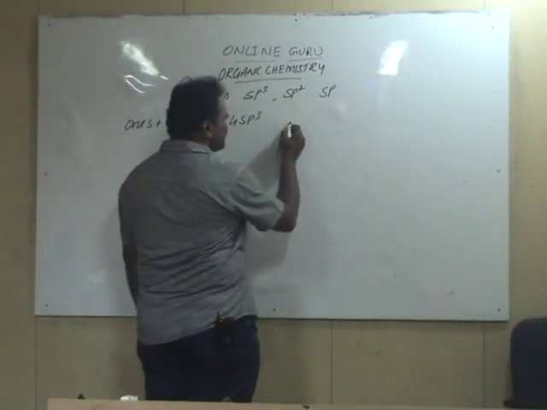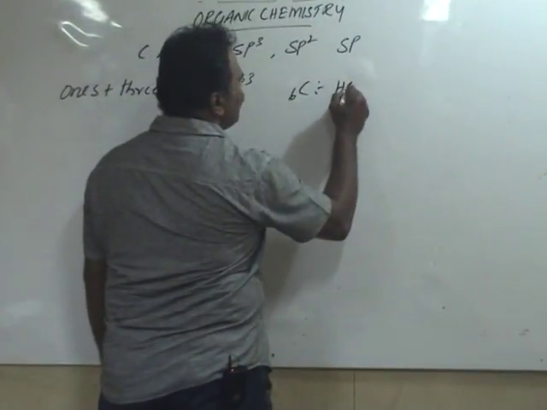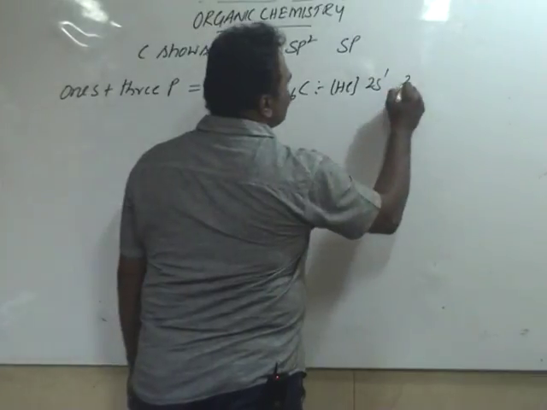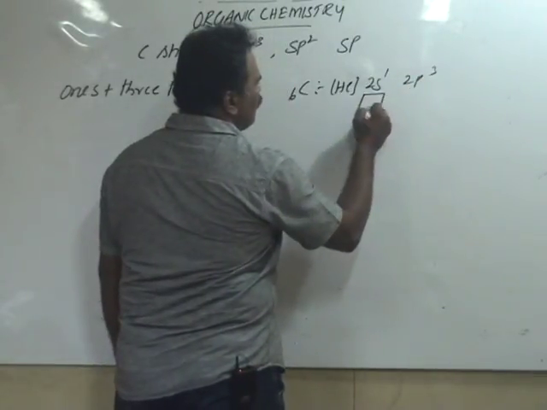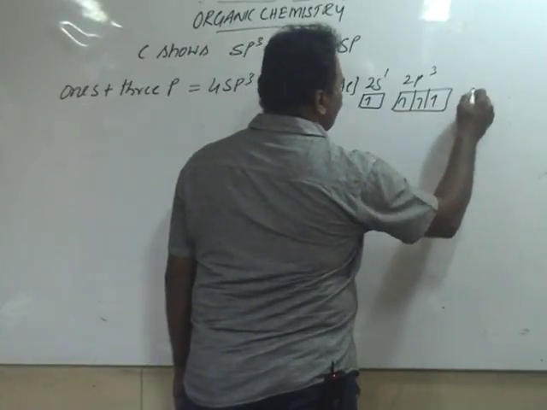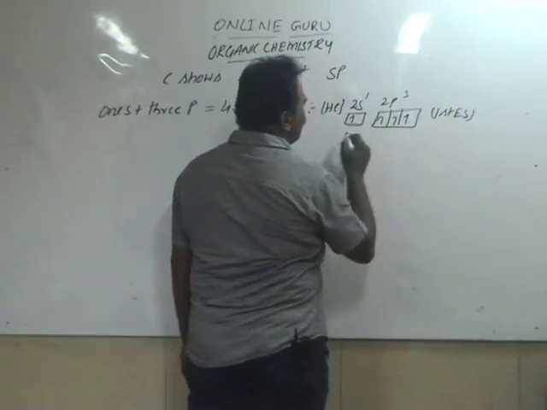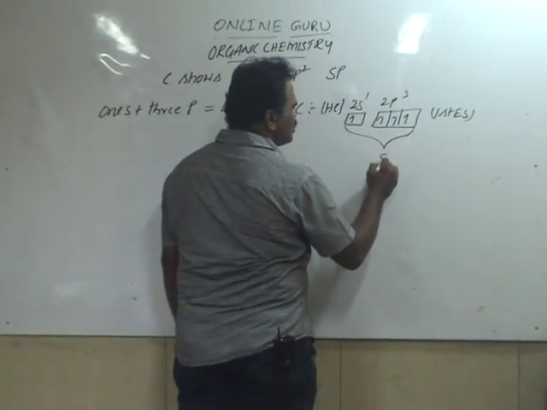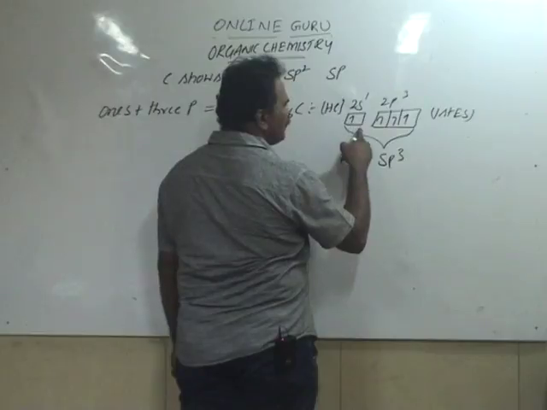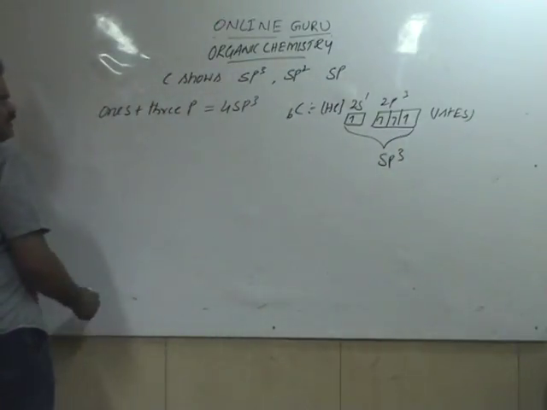We observe the excited state configuration of carbon. It is helium 2s1, 2p3. This is the first excited state configuration. In the first excited state configuration, the carbon atom is in sp3 hybridization. Sp3 means 1 s orbital and 3 p orbitals form 4 sp3 orbitals.